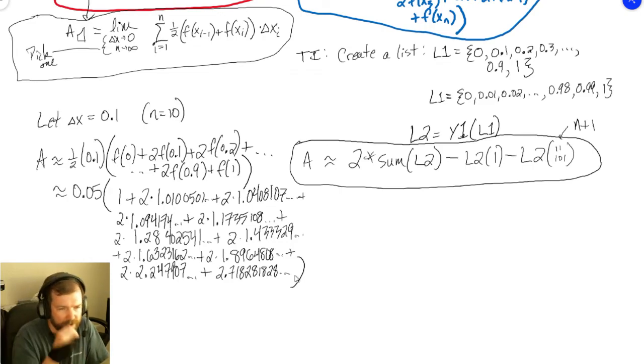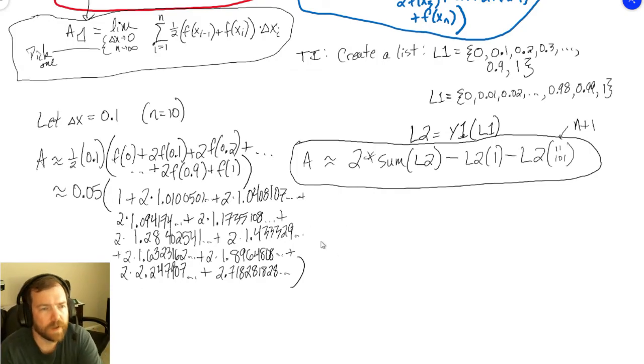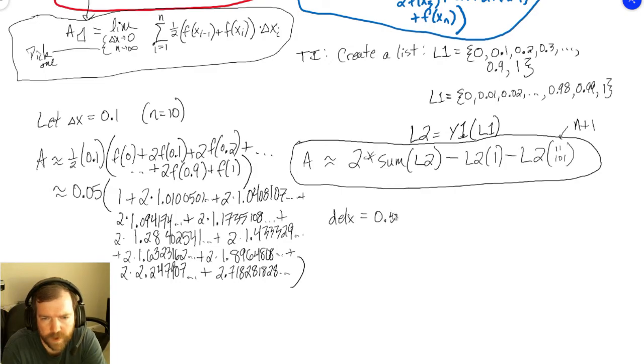So yeah, we can do this in pseudocode in MATLAB, but something like del x equals 0.1.